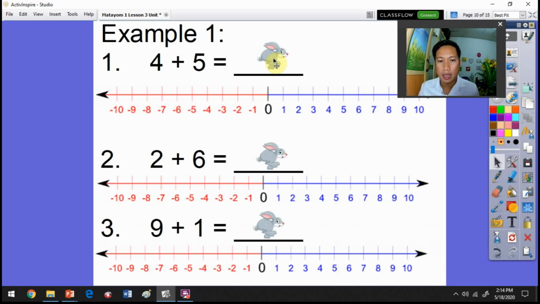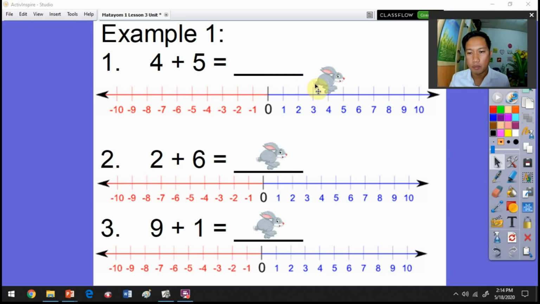Now let's look at our examples here. 4 plus 5 equals, let's use our bunny starting from 0, 1, 2, 3, 4. And then we add 5 more times. 1, 2, 3, 4, 5.